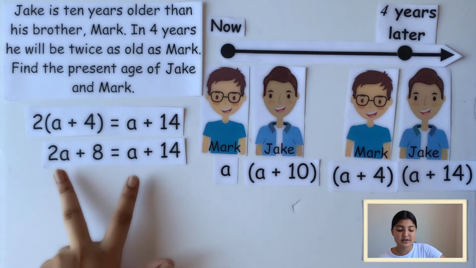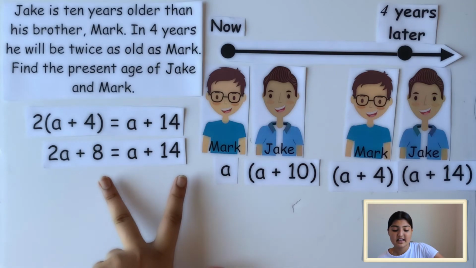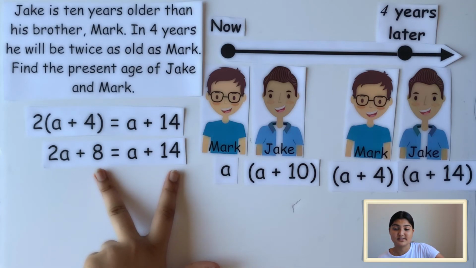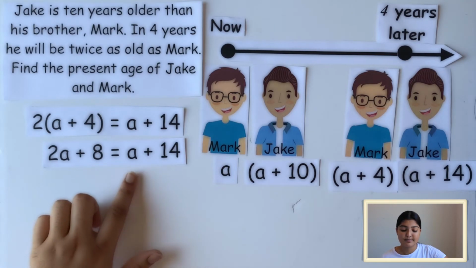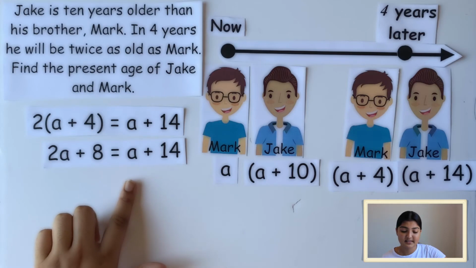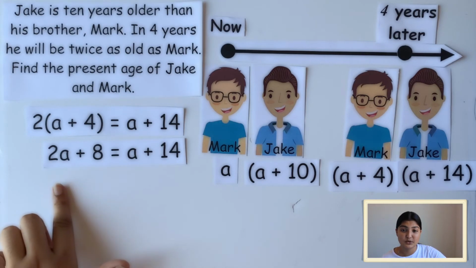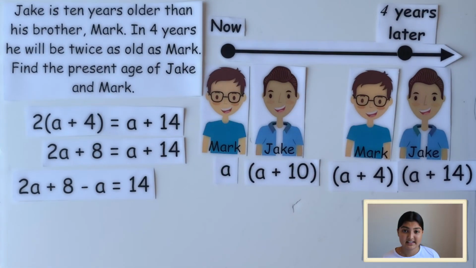Now, let's bring the variable terms and the constant terms to opposite sides of the equation. So, let's start by taking A to this side of the equal sign. Now, let's take positive 8 to the other side of the equal sign.